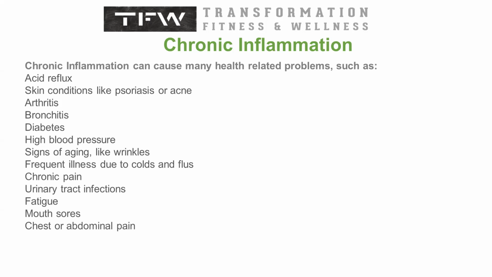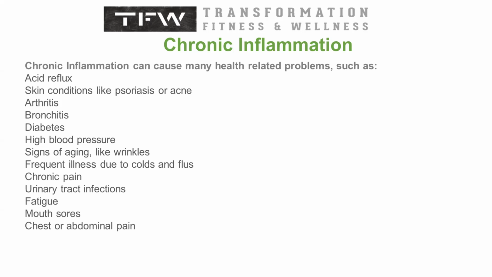Frequent illness due to colds and flus, so your immune system is compromised when you have chronic inflammation. You may have chronic pain, like plantar fasciitis, more in the fascia area. Fatigue, mouth soreness, chest and abdominal pain. That would be more along the lines of not only the stress and inflammation components, but also the anxiety component.